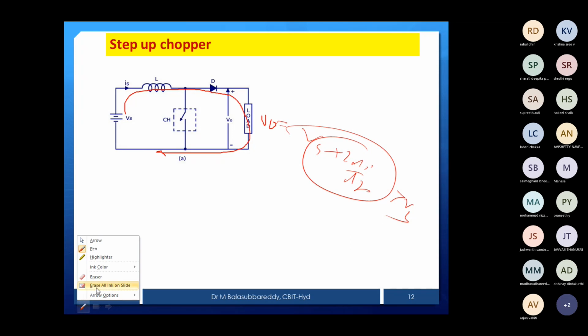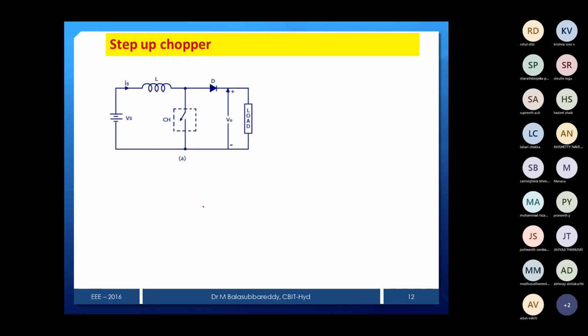Now when the chopper is on, what is the energy stored in the inductor? Anybody? Power into time will give us energy. So what can I write? W in, during the on condition, that is time T on. Then what is the voltage? Let it be Vs as supply, and current is Is. This is the energy stored in the inductor.